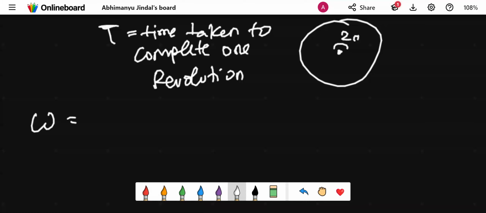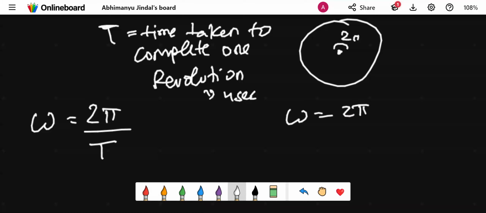Let's say the time period is 4 seconds, and 2 pi is the total circle. Omega is revolutions per second, so it's 2 pi by the time period, which is 2 pi by 4, which is pi by 2. So pi by 2 per second.